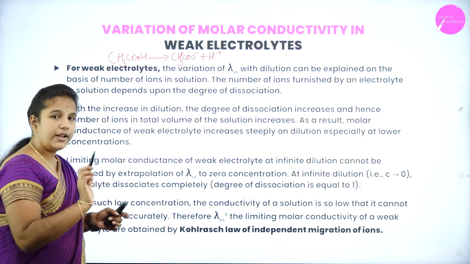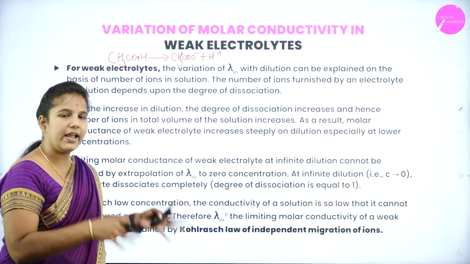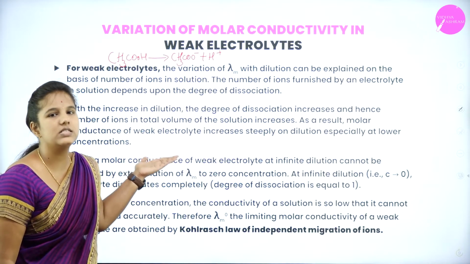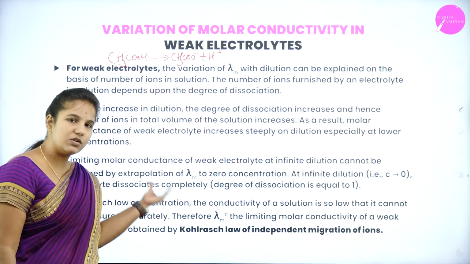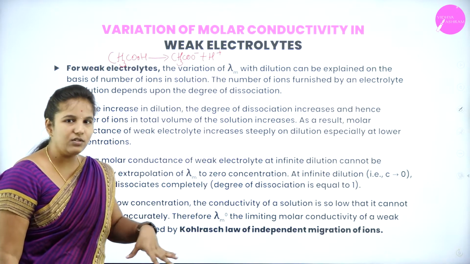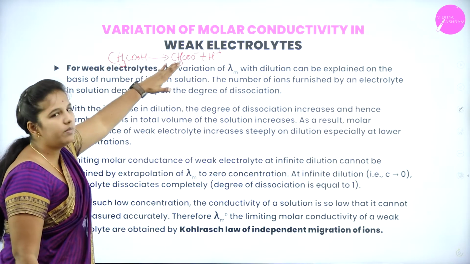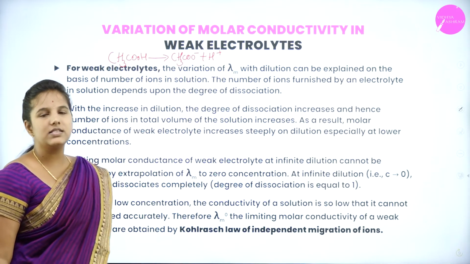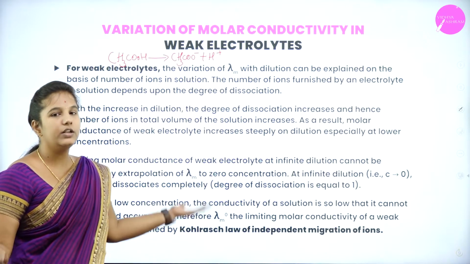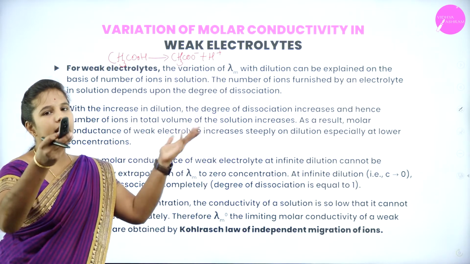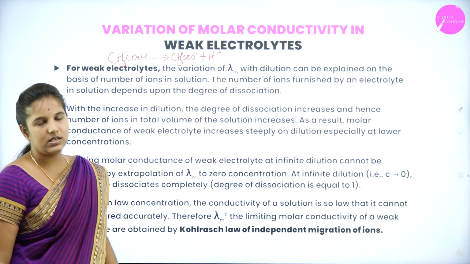If you dilute the solution, what will happen? Again, the acetic acid will produce acetate ions and H plus ions. So, due to the degree of dissociation, if you dilute the solution, more ions will be produced from the acetic acid, which are responsible for conducting electricity, so during dilution the conductivity will increase.